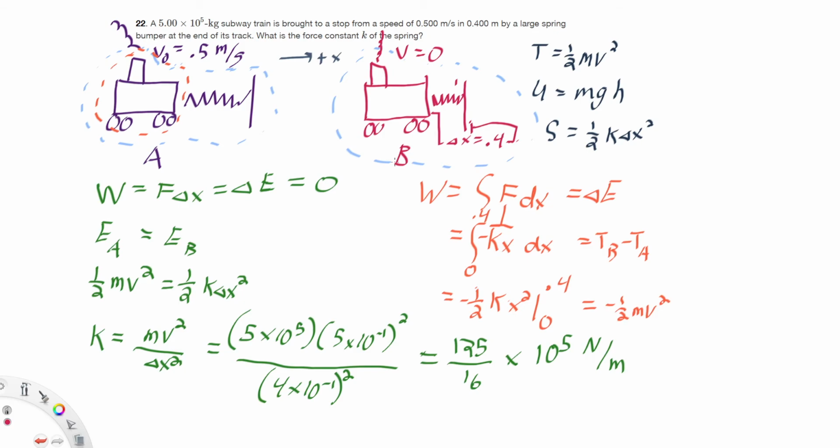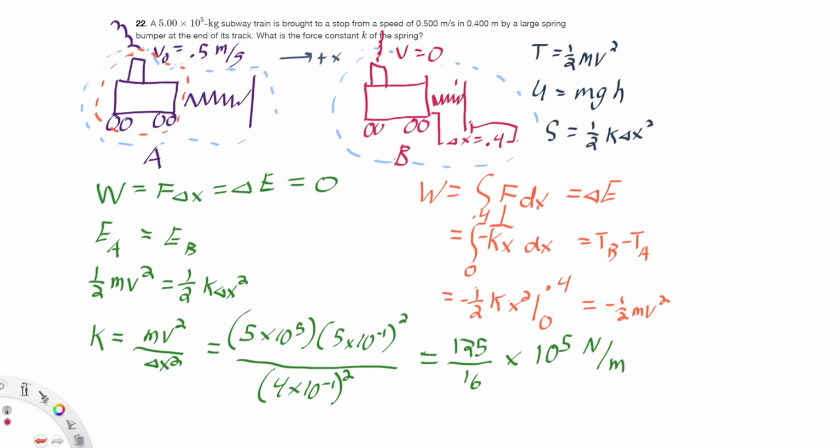We've gone from 0.5 meters a second to 0 meters a second of speed. And our acceleration was not even constant, because our acceleration is going to be caused by the force, negative kx, and x is changing.